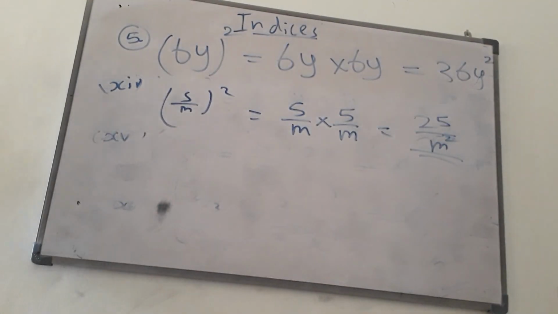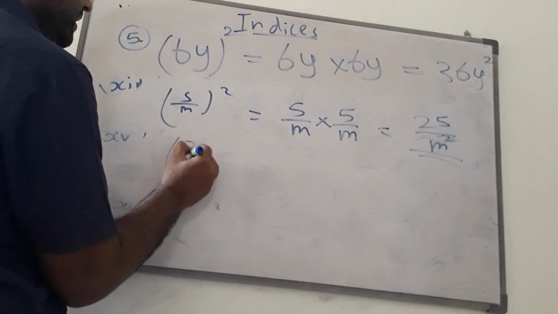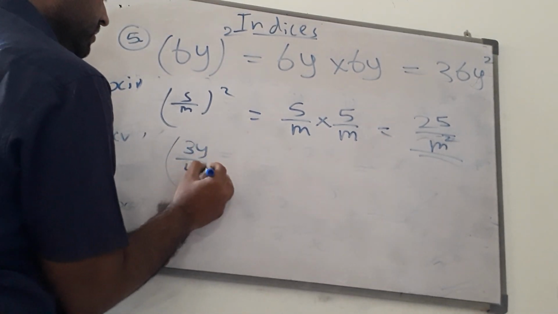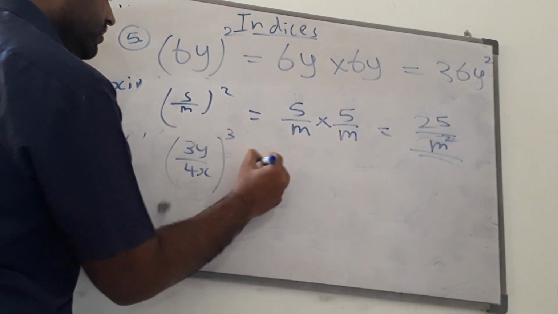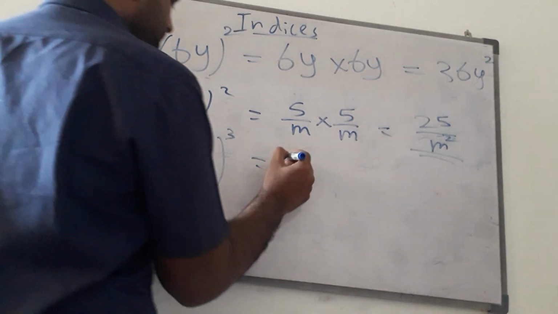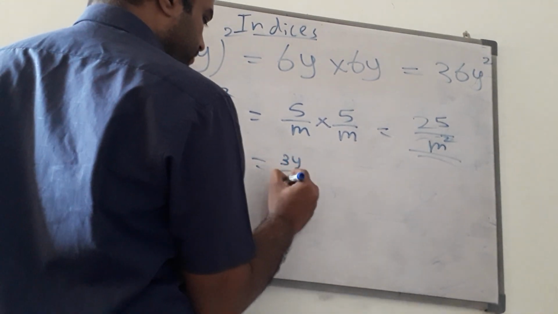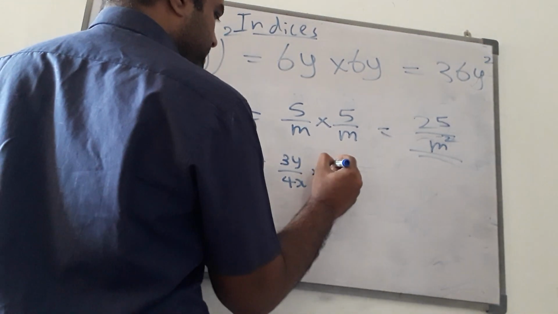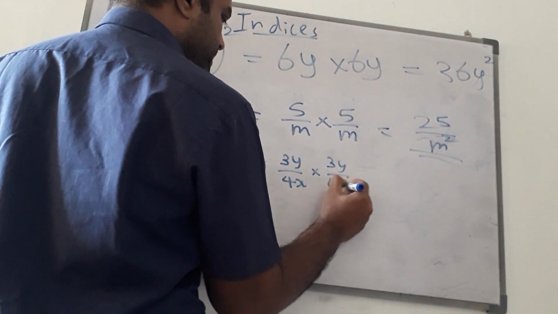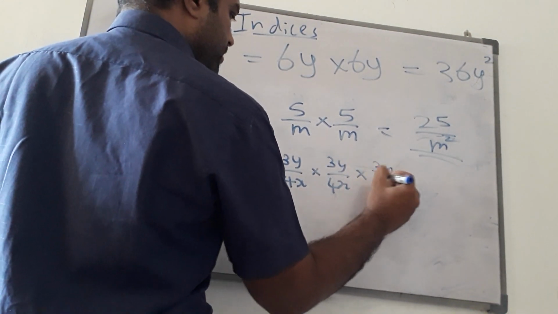Finally, last part: 3y over 4x all together to the power 3, or cube. That means 3y over 4x times 3y over 4x times 3y over 4x.